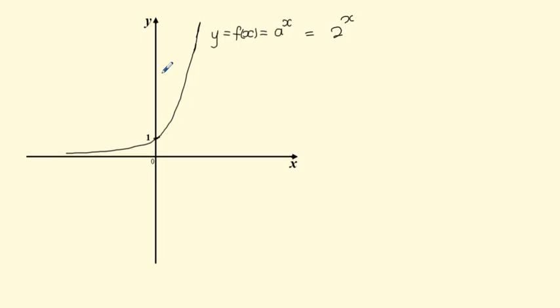Now let's say at some level, we select a level there. You can even set it to be 64. If you want to know with what value of x the function is 64, you simply set up an equation saying 2 to the power x equals 64.